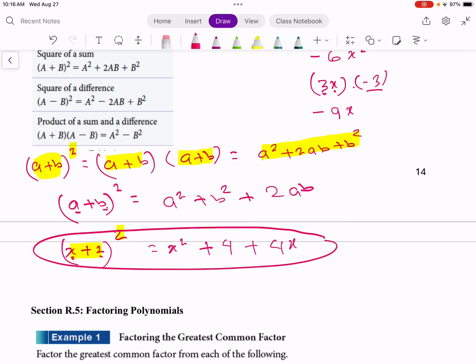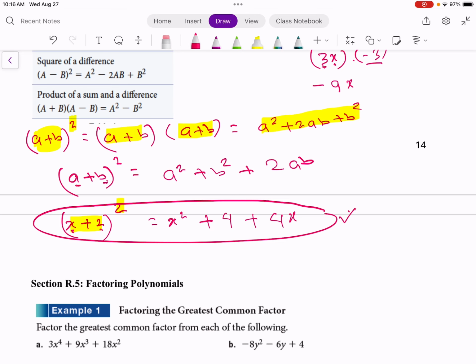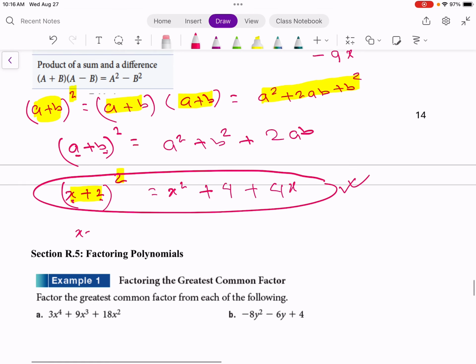But if it takes time for you, you can always use FOIL. Okay, if you are not comfortable with this one, you can write x plus 2 square as x plus 2 times x plus 2, and you can use the FOIL method.